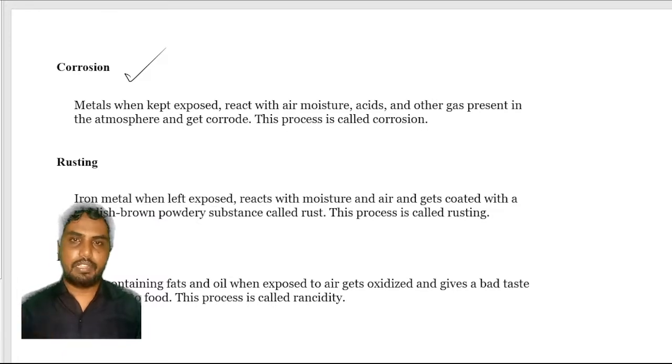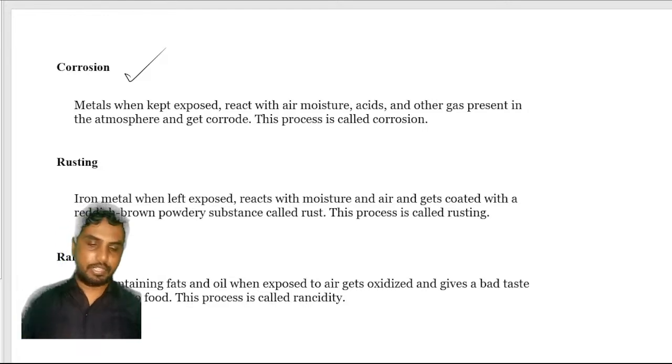For example, if your cycle's paint is removed and you don't use the cycle for some 3, 5 or 6 months, rusting will start to form, and after that you need to clean it with some oils and apply some paint to control the rusting. This is because of oxidation of iron.